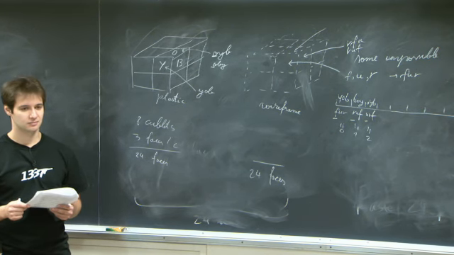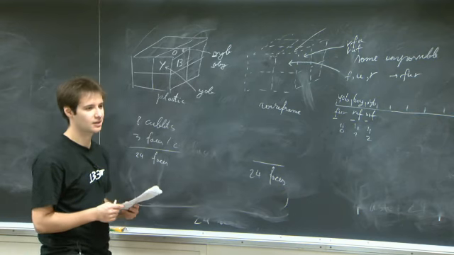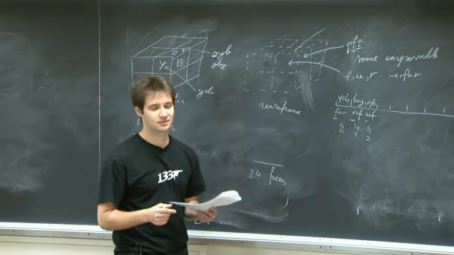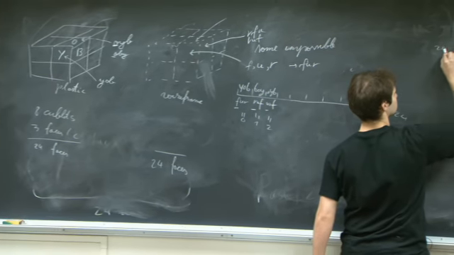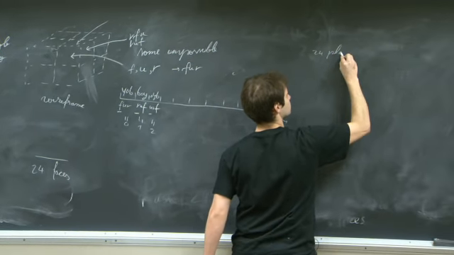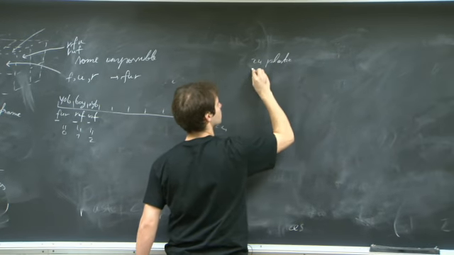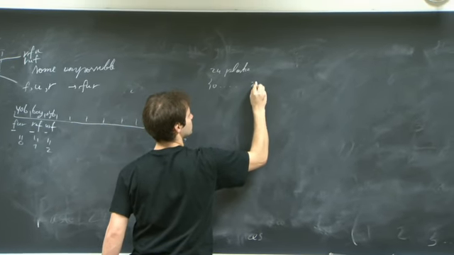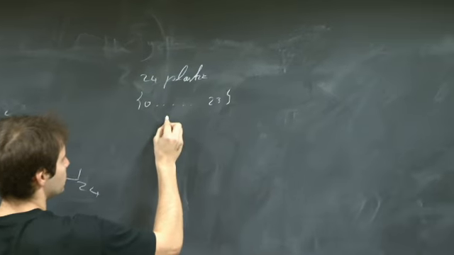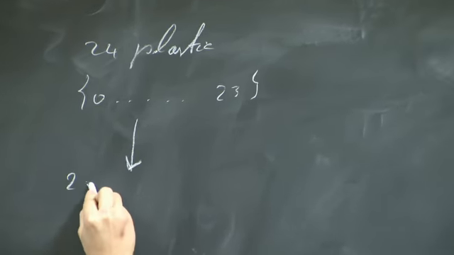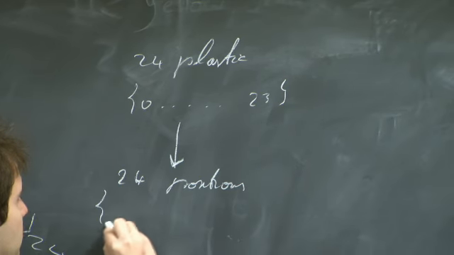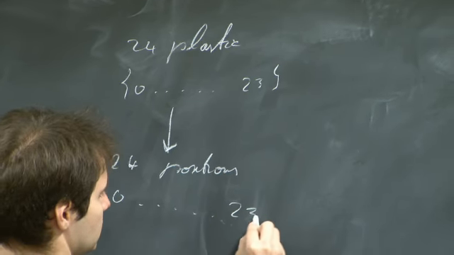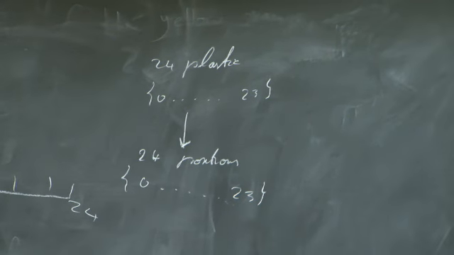Let's see what it does. We have 24 plastic faces, from 0 to 23, and they have to be mapped to 24 positions. Each cubelet stays together.